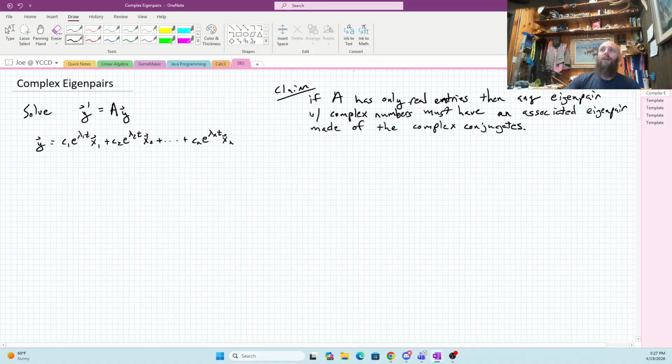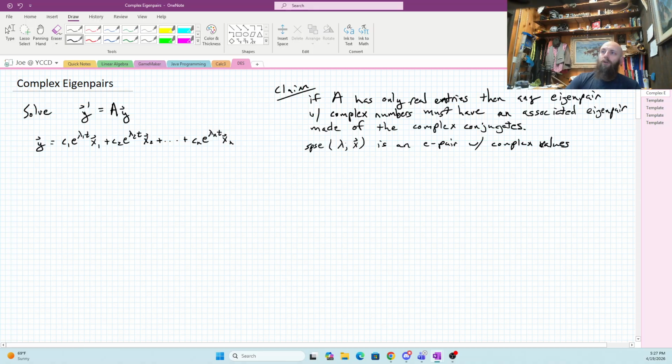I'm just going to give you a really quick sketch of a proof. Let's suppose that lambda and x is an eigenpair with complex values. It doesn't really matter where the values are.